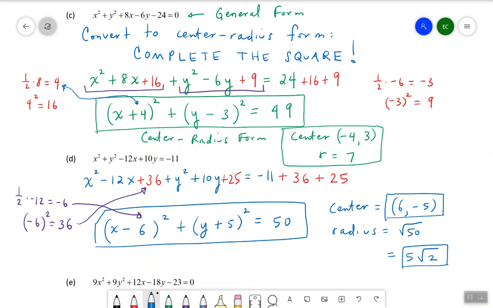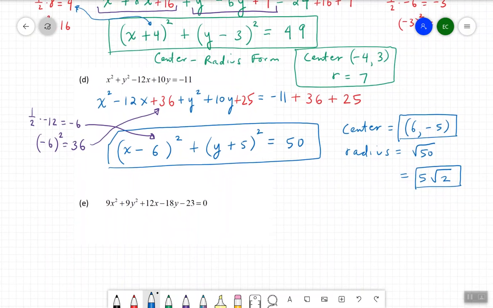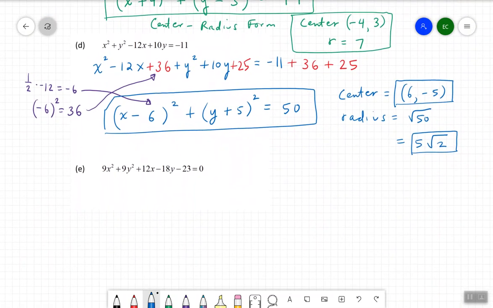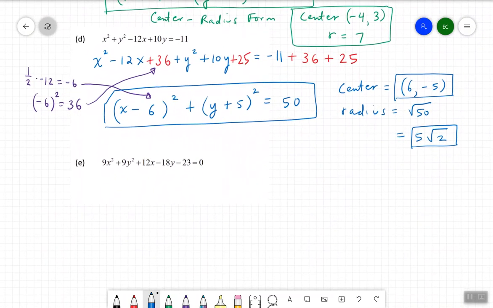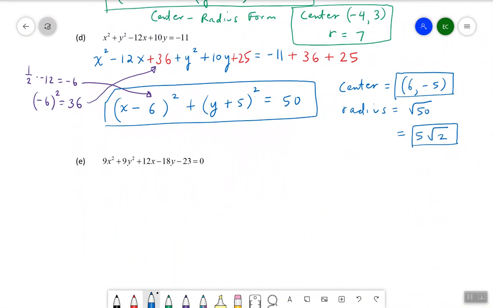Okay, let's do one more, just to see the numbers get a little more complicated, but it'll be the same idea. So we have 9x squared plus 9y squared plus 12x minus 18y minus 23 equals 0. First things first, the leading coefficient has got to be 1 when we complete the square. So let's take care of that right off the bat.